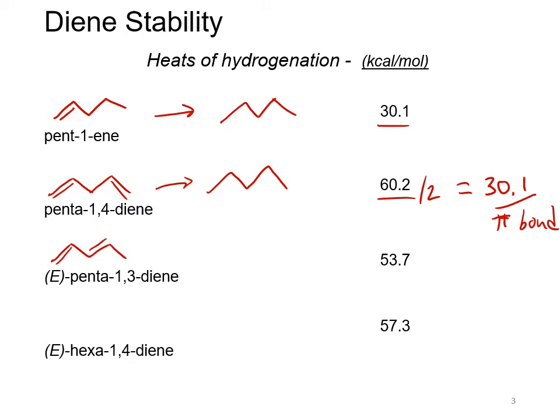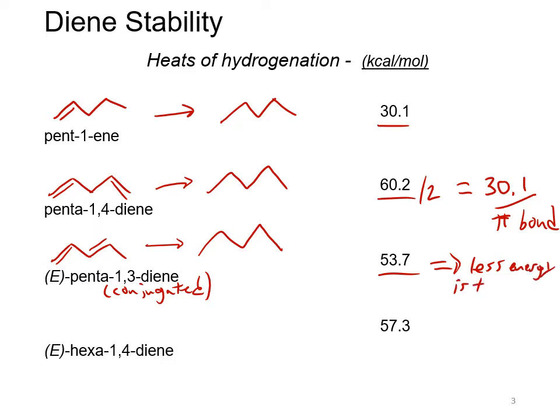But look what happens when we go to the 1,3-diene. Notice this is a conjugated diene because they're 1,3. These both make the same product, but now we're only getting 53.7 kcal per mole. So this tells us that less energy is stored in those pi bonds.